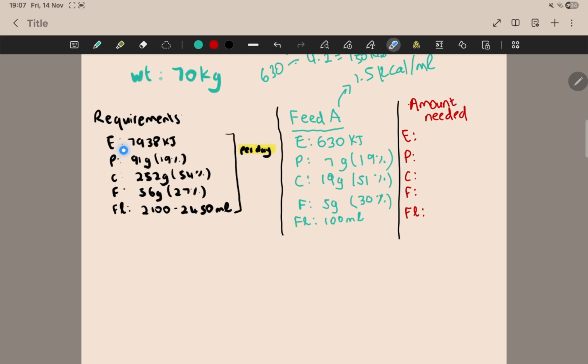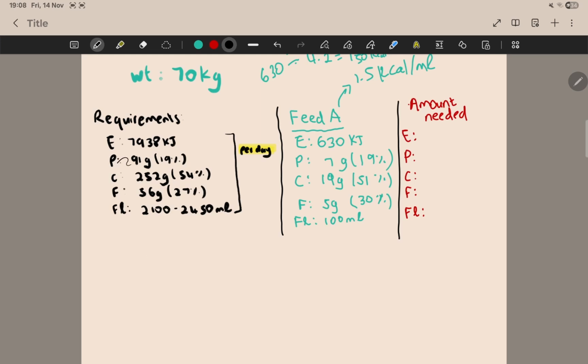But you can use energy, or if the patient is fluid restricted, you can use the fluids as the basis for your calculations. But I normally just go with protein 99% of the time. But okay, so let's go with protein.